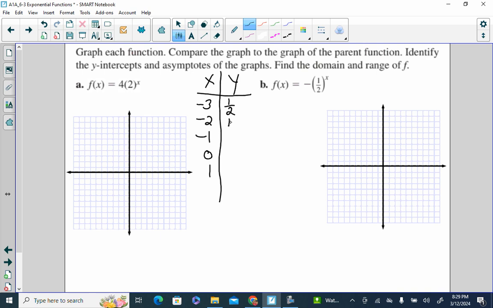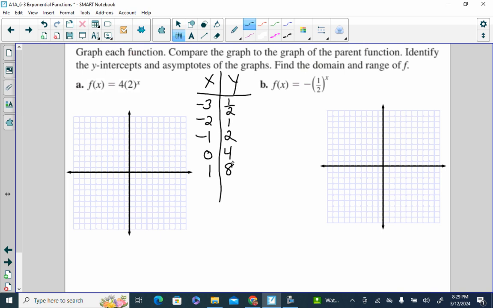Now we have 2 to the -1 power. That's 1 over 2. 4 times 1 over 2 is going to give us 4 over 2, which is 2. 2 to the 0 power is 1. 4 times 1 is 4. And then we have 2 to the first power, which is 2. 4 times 2 is 8. If we try an input of 2, we start to get too large for the graph here.